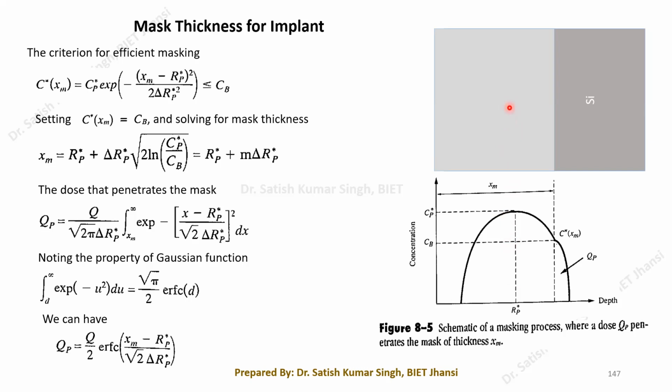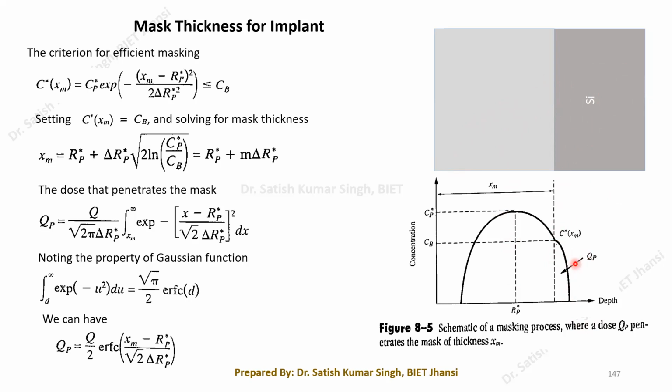Here you can see its peak, and then the distribution is like this, and there is a little amount of dopant which was able to penetrate the mask and enter the target material, meaning your substrate. So let's assume that this amount of dopant has reached your silicon.